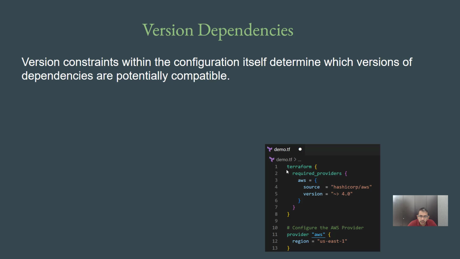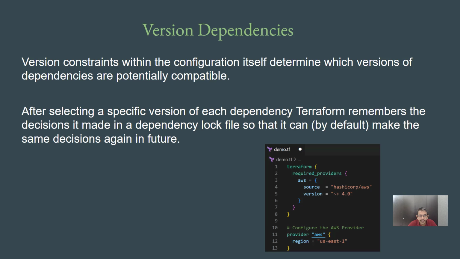Based on the version constraints that you add, once you run terraform init, after Terraform selects a specific version of the dependency, Terraform also remembers that and adds it to the lock file so that it can use it as the default in the future. For example, based on this code, a version of 4.2, 4.4 or 4.6, any of them can be downloaded.